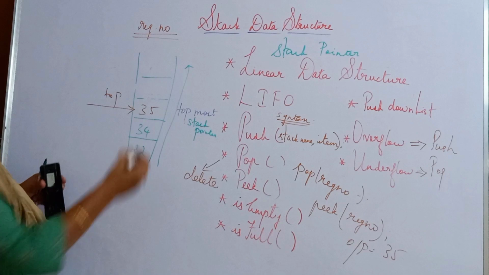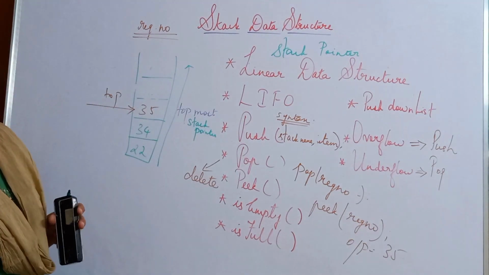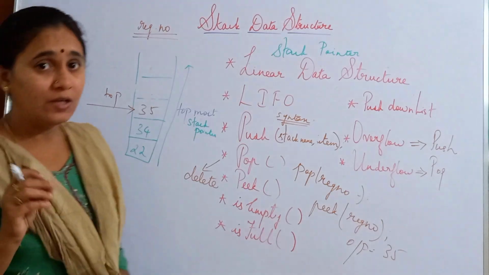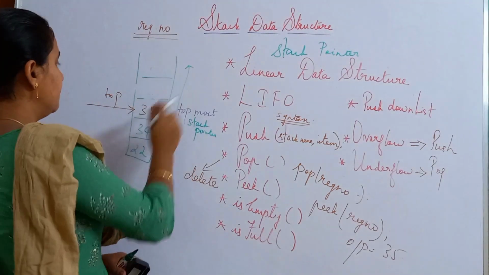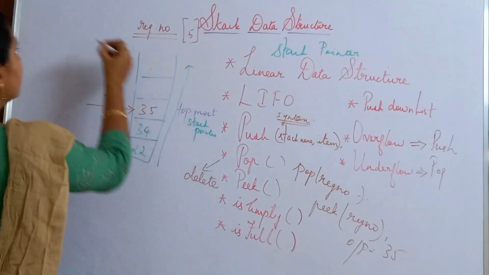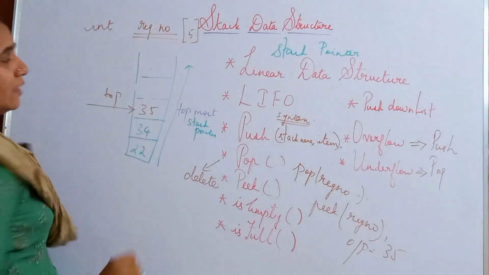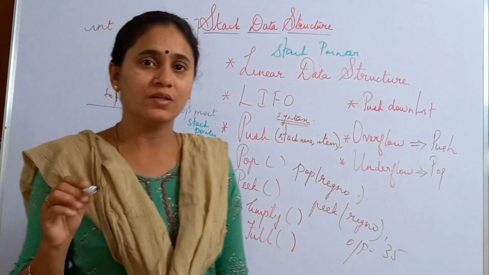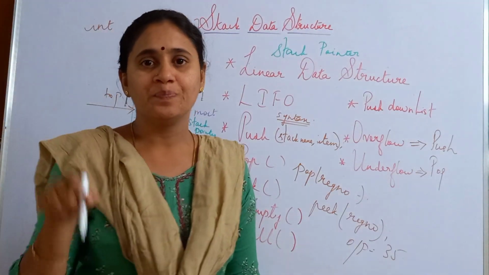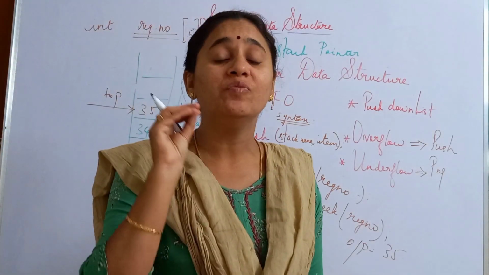For example, for this register number stack, we have fixed the size as 5. Let it be integer. We have declared an array variable called stack. The fixed size of the stack here is 5. What is the meaning? I can store only a maximum of 5 elements.